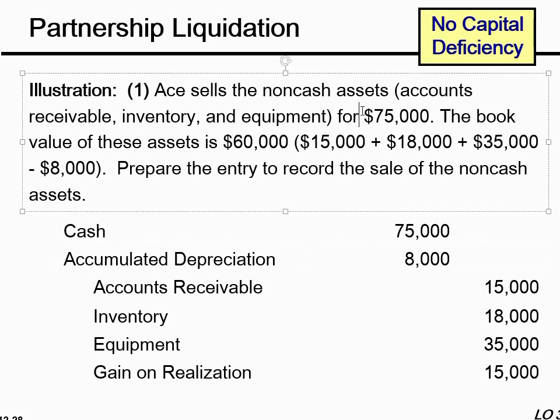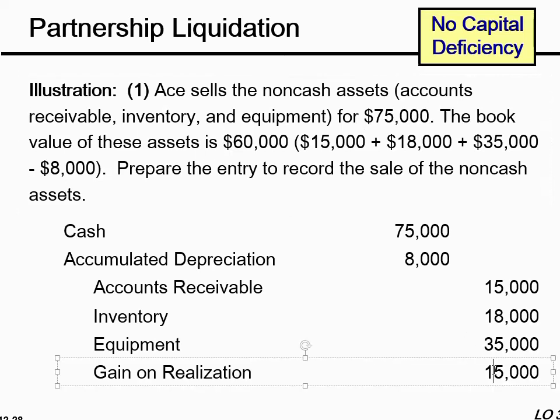We get $75,000 by selling our non-cash assets. If I put non-cash assets over here, this is accounts receivable, then inventory is 18,000, then equipment is 35,000, but it has accumulated depreciation, so I'm subtracting it. So my assets were 60,000. So I have a gain on realization of these assets, that is 15,000.